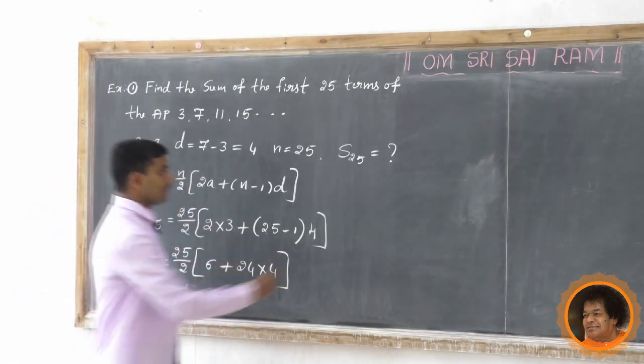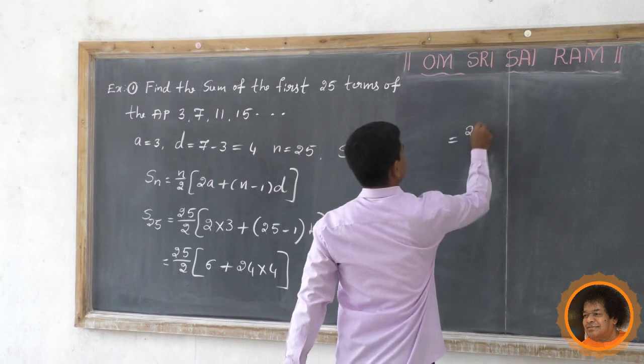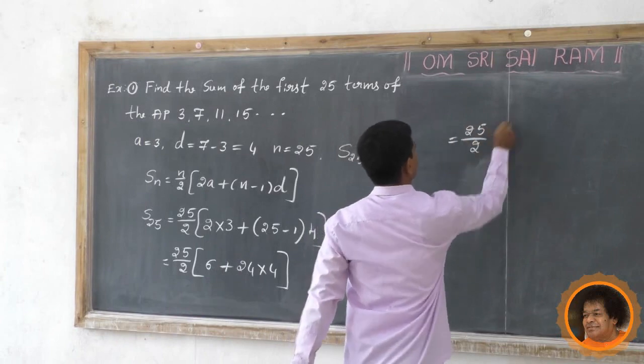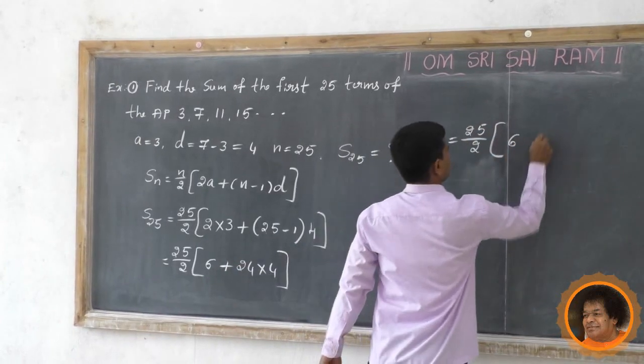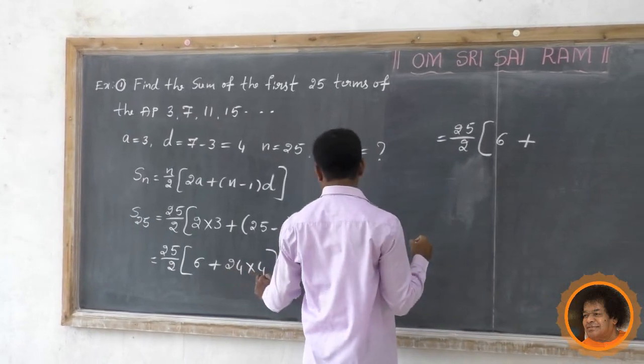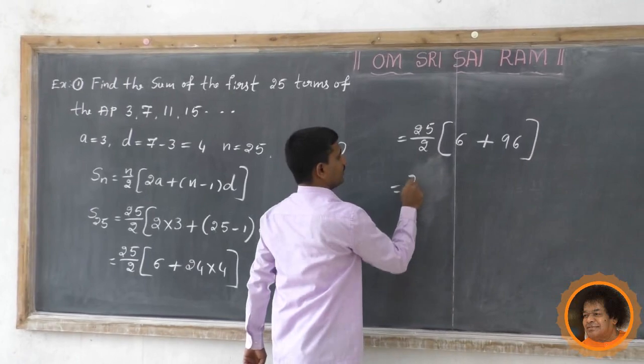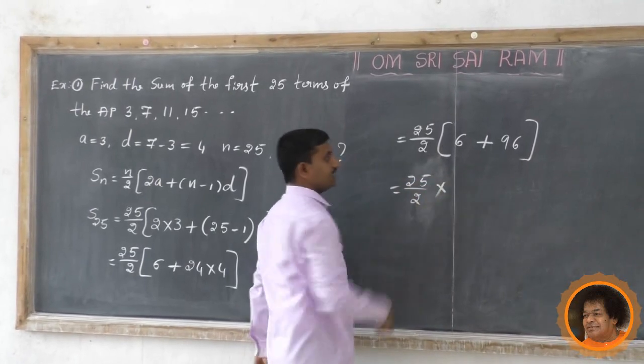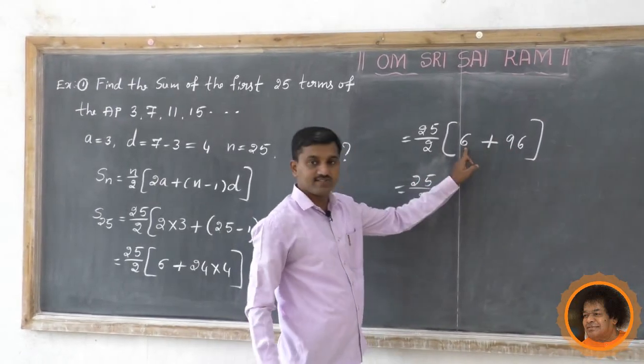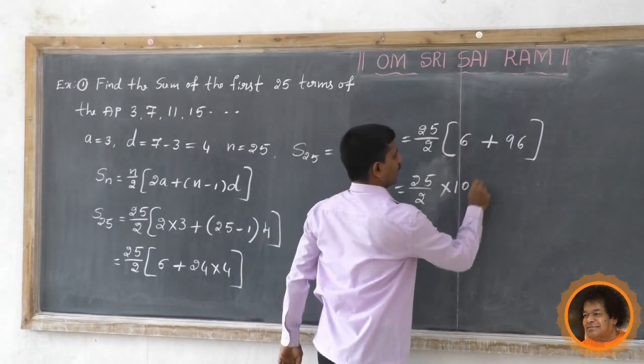Now multiply: 25 by 2 into 6 plus 96, that is 25 by 2 into 102.